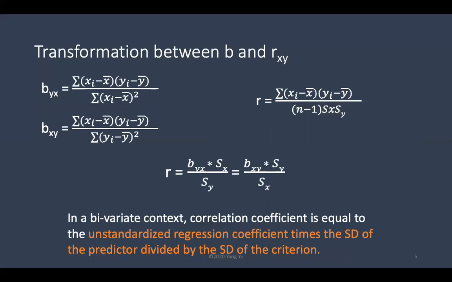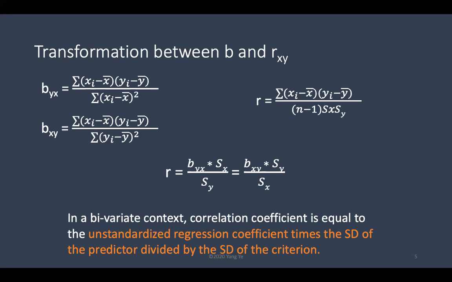R is simply equal to b scaled by the standard deviation of the predictor divided by the standard deviation of the criterion. So it's b scaled according to these two standard deviations, which makes sense because r in this case is just a standardized form of b.